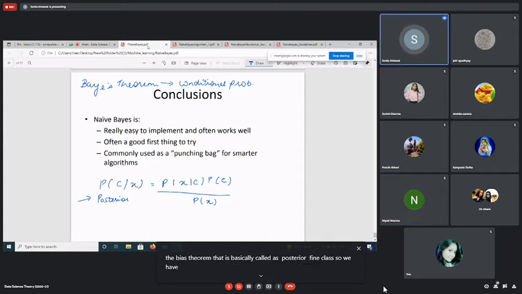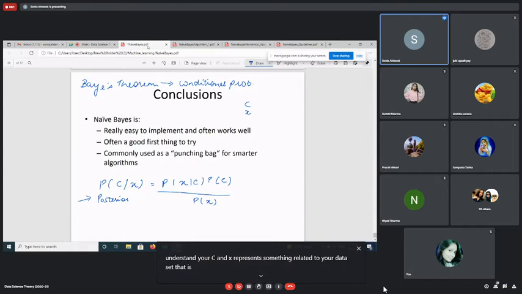So we have to calculate the posterior probability by calculating certain parameters given in the question or given in the data set. The main functionality for Bayes theorem, or naive Bayes, is that you have to calculate the posterior probability.